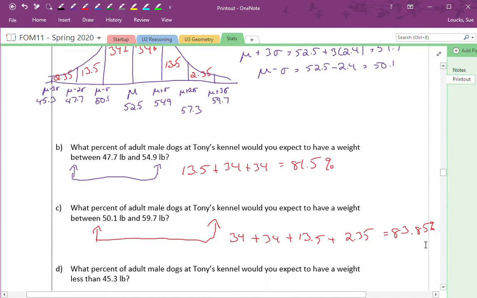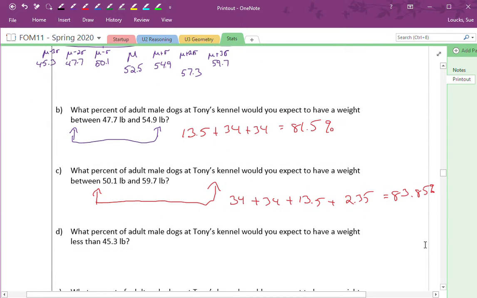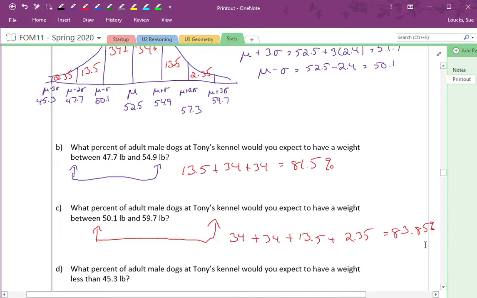All right, part D. What percent of adult male dogs would you expect to have a weight less than 45.3 pounds? So 45.3 pounds was way down here, right at the very end. And we don't actually have a number for that, but we do know that from the mu down is 50%.